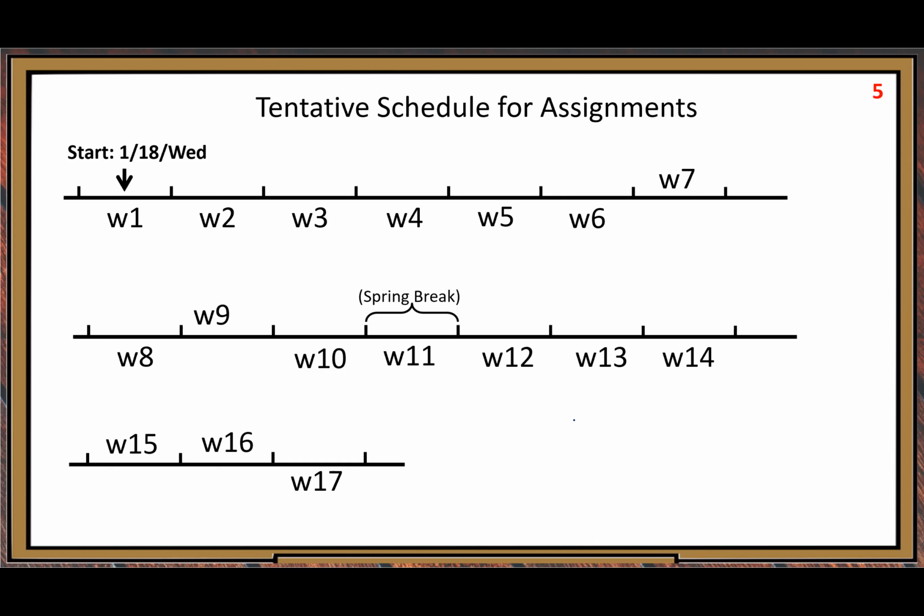We start at this point, Wednesday of the first week. We do not have Monday, so Wednesday is our first class. After that, module 1 needs approximately 4 classes. At the end of week number 3, I need to give you quiz number 1 for module 1, when we will complete module 1.